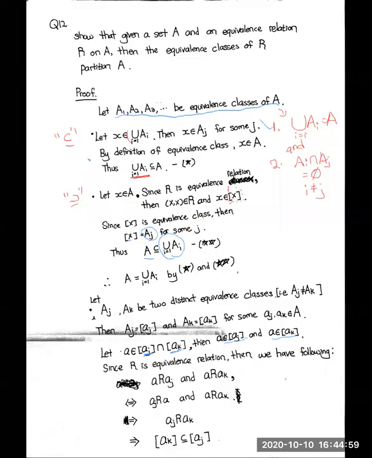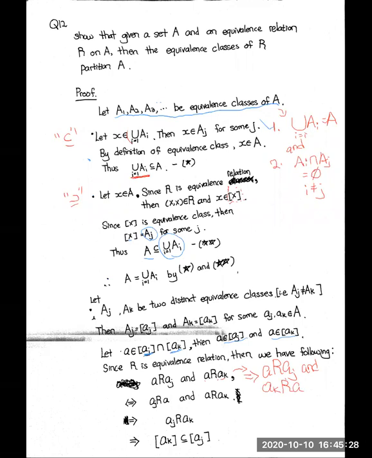In a similar way, we can also do the following. Observe here, because R is an equivalence relation, we also achieve the following: a R aj, and we apply symmetry on the second one, which is ak R a.